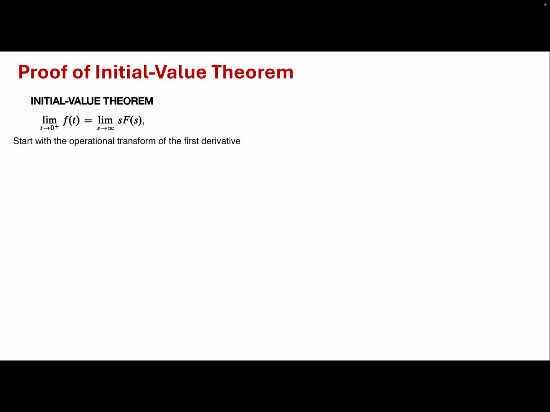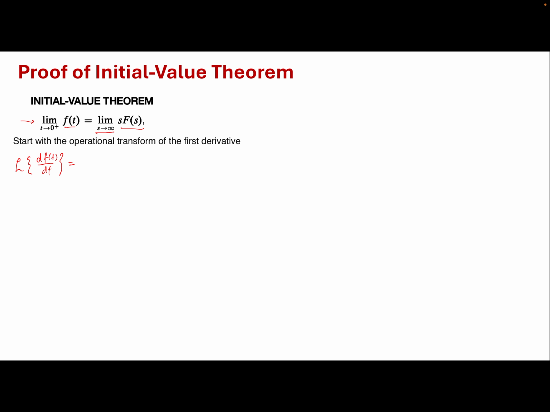Here is the initial value theorem again: the limit as t approaches 0 positive of f(t) equals the limit as s approaches infinity of s F(s). To prove it, I'm going to start by taking the Laplace transform of a derivative of a function.